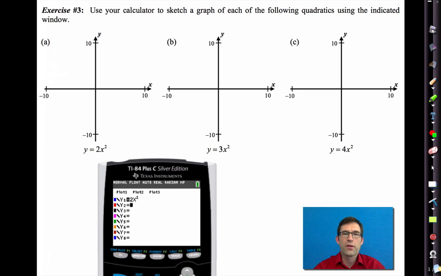Now, unless something radical has changed, our window should still be correct. But let's take a look, because you never know, maybe you started the video right at this point. So hit the window. All right, for me, my x min is negative 10, my x max is 10. My y min is negative 10, my y max is 10. So it all looks good. Okay, check yours. Okay, let's hit the graph.